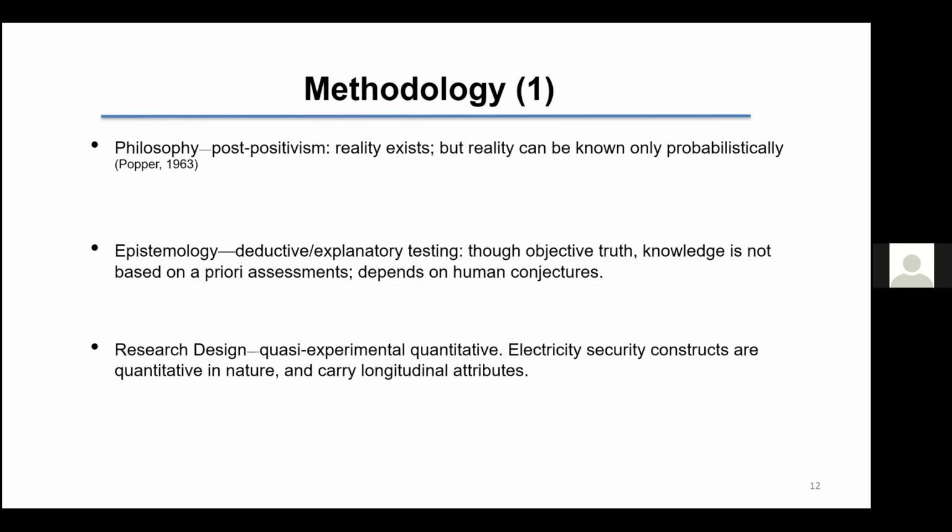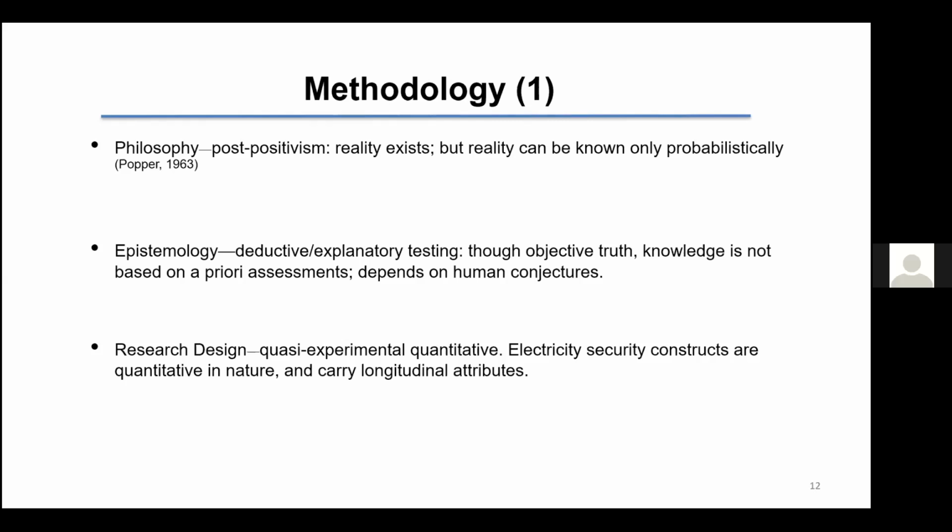The central issue behind quasi-experimental quantitative designs is that the independent variable can be identified, but it cannot be modified by the experimenter or the researcher. On the other hand, the dependent variable, the criterion variable, can be modified by the researcher.